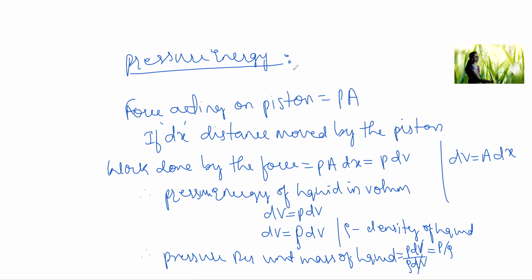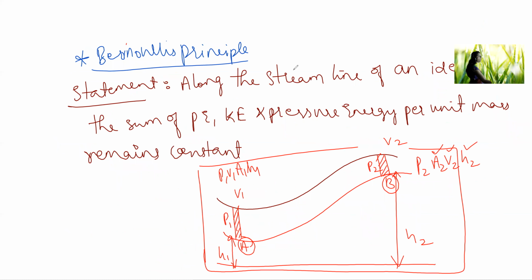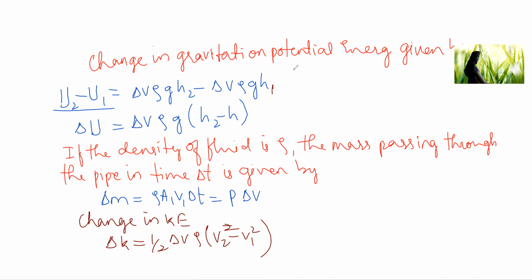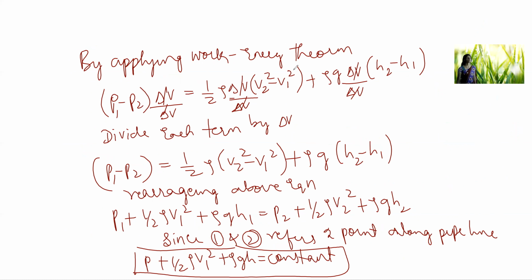We discussed Bernoulli's principle, that along the streamlined flow the sum of potential energy, kinetic energy and pressure energy remains constant, and we derived the expression for it. This is the derivation. I hope you got this one.